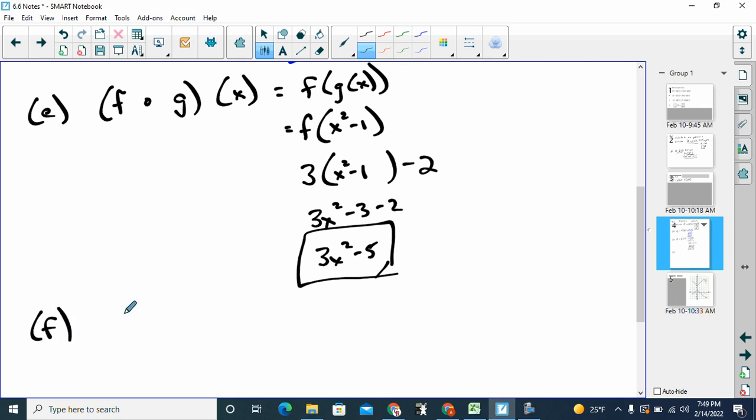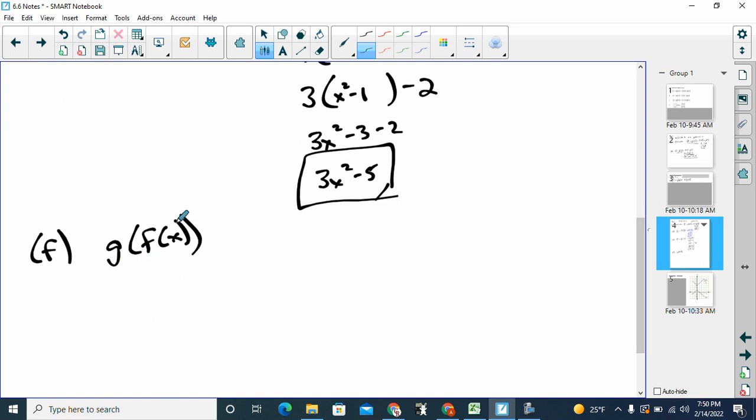Part F, let's do g of f of x. If they had given it to me in this form, I would rewrite it. I gave it to you already in the rewritten form, g of f of x. Sometimes it's written like that, sometimes it's written like this.